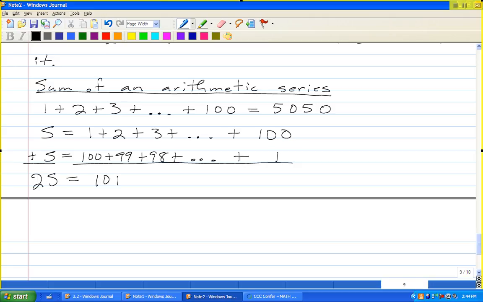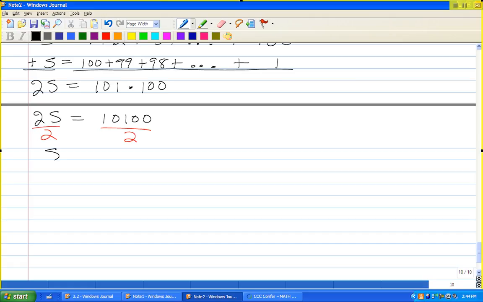I get 101, plus 2 plus 99 is 101, plus 3 plus 98 is 101, dot dot dot, again 101. So each of these is 101. There are 100 of these. And so 2S is 10,100, divided by 2, and so S is equal to 5,050.